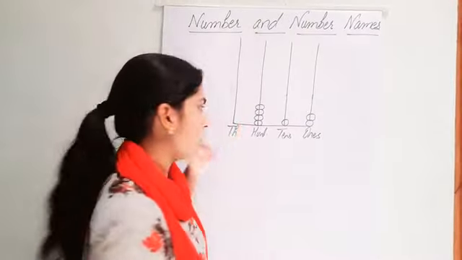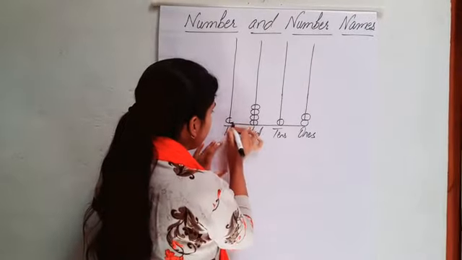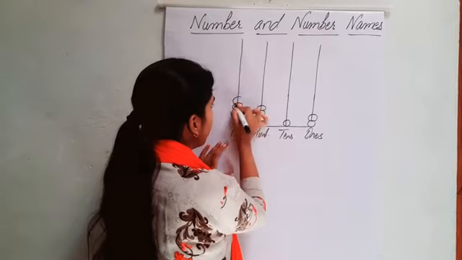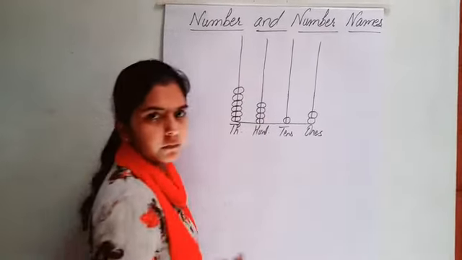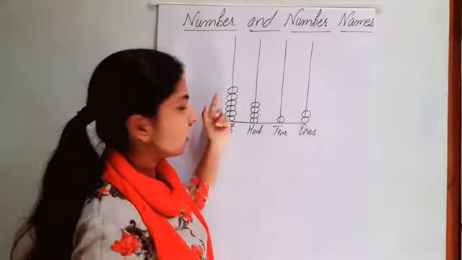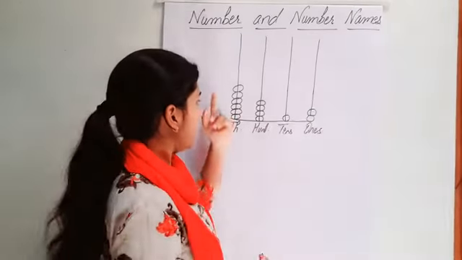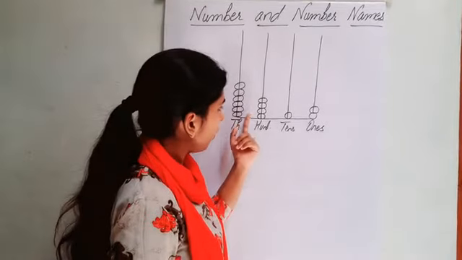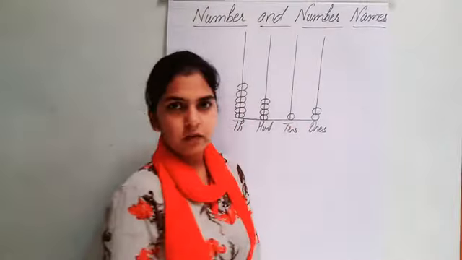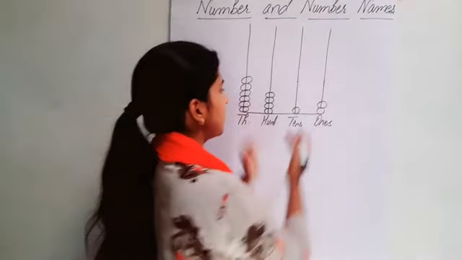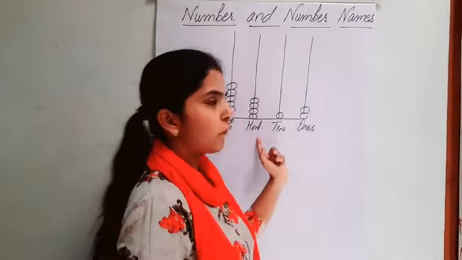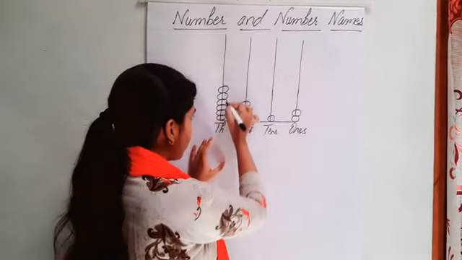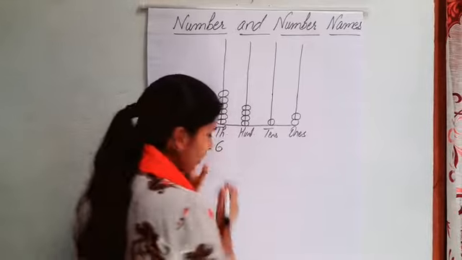Now I am going to the next spike. This is of thousands. Now let's draw some beads here: 3, 4, 5, 6. So how many beads are there? 6 beads. So it is equal to 6,412. So our complete number is 6,412. First of all, we will write the number of beads in thousands here.